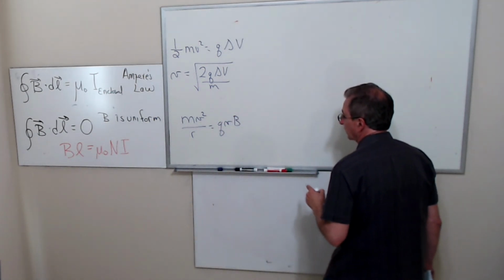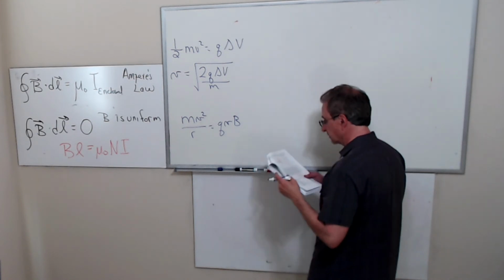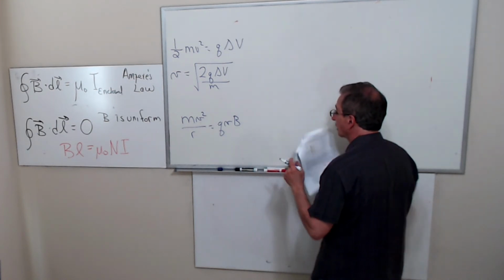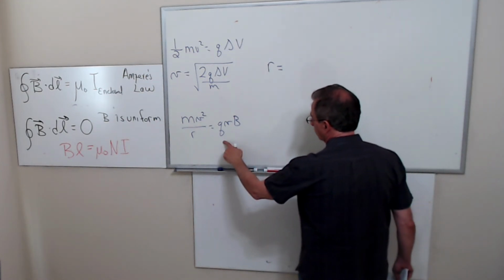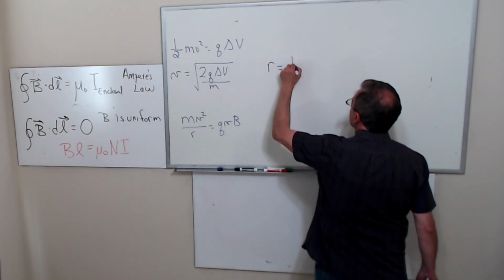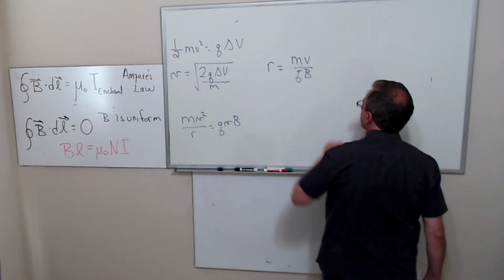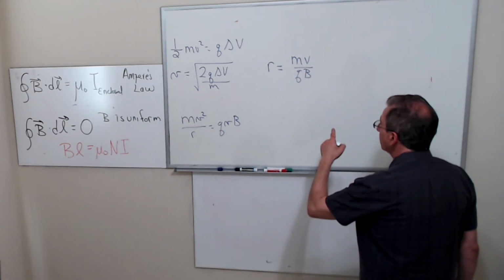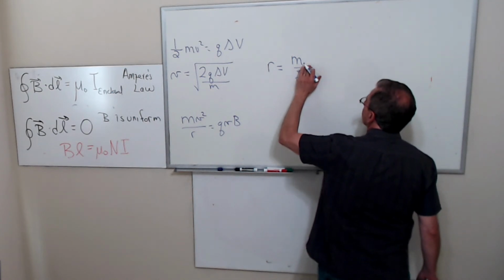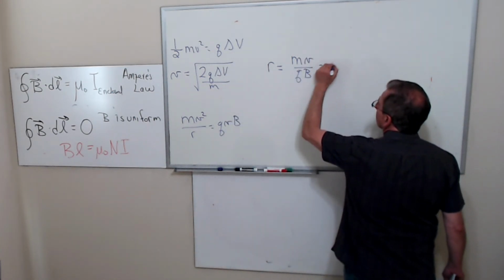So now, if we solve this, you're solving for R, right? R is going to be mv over qB. But V, and I keep screwing that up, V is this expression, right?